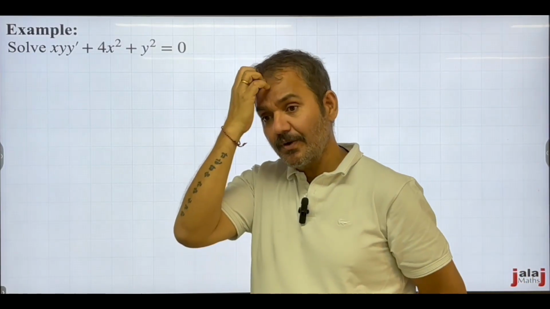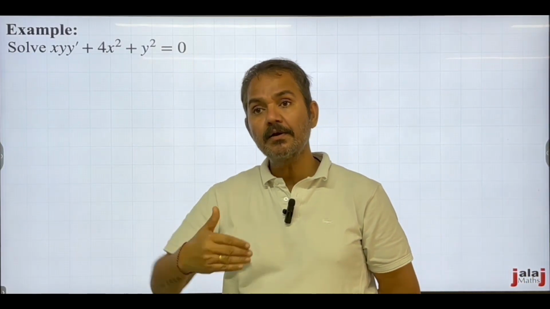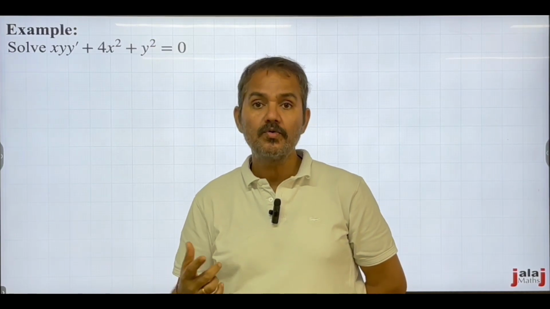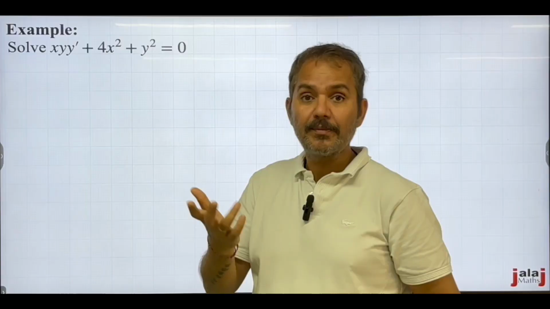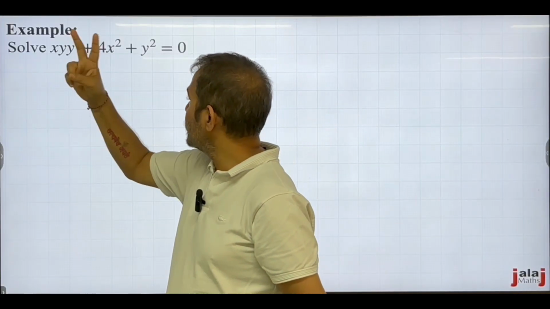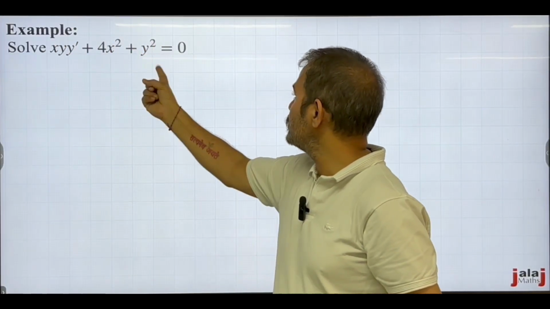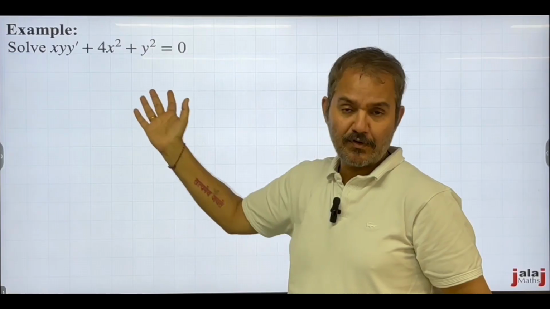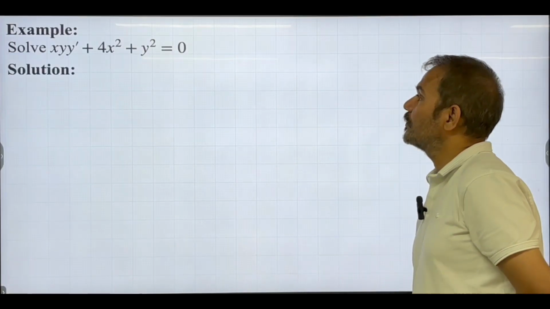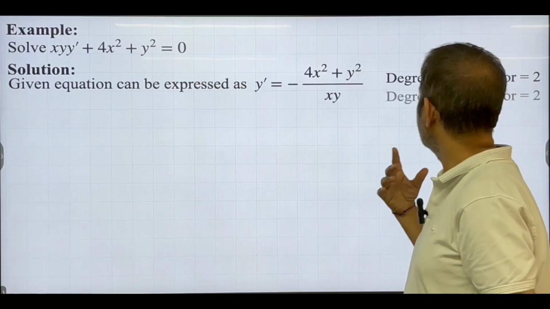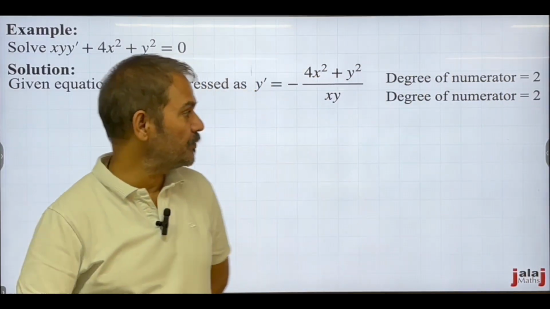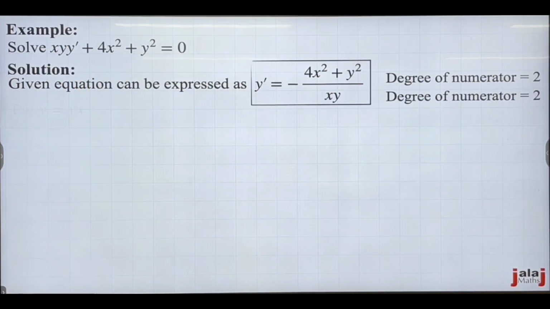For homogeneous, you may arrange as numerator over denominator, or you can also see if the degree of each term is the same. Here xy has degree 2, 4x squared has degree 2, y squared has degree 2, so it is a homogeneous equation. So what do we do here? Given the equation, we are writing it like this: degree of numerator 2, denominator 2. So it is a homogeneous equation.